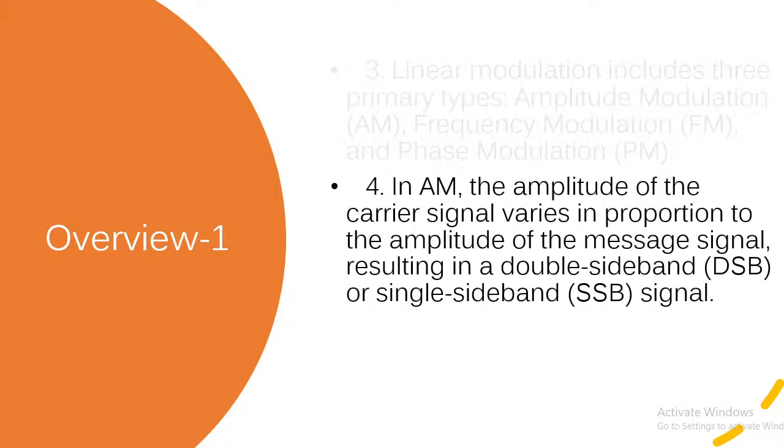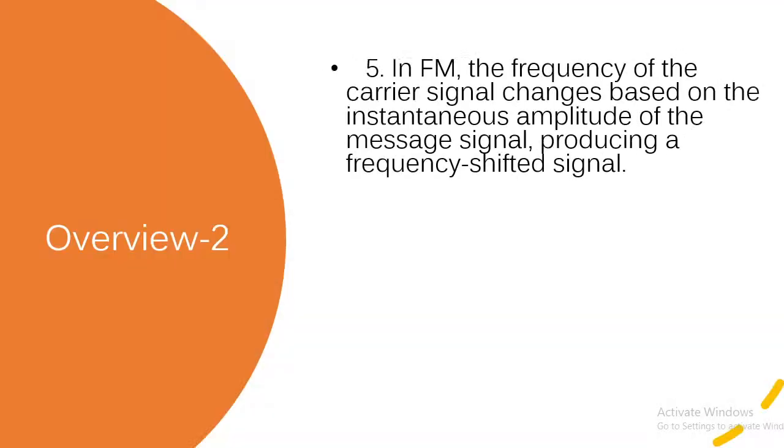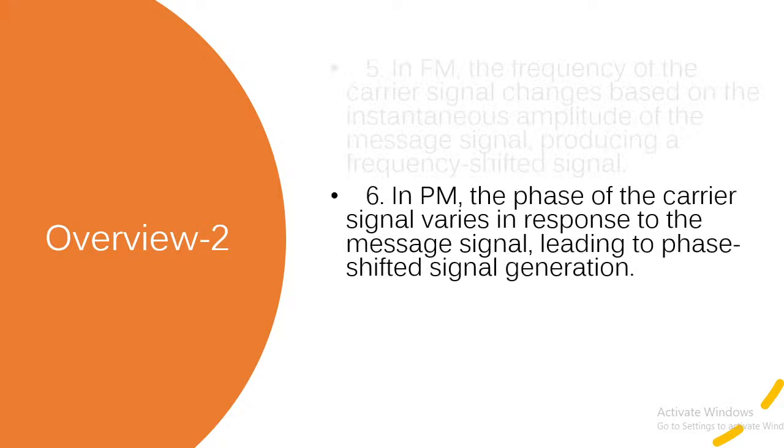In amplitude modulation, the amplitude of the carrier signal varies in proportion to the amplitude of the message signal. This results in a DSB double sideband or single sideband signal, or amplitude modulated signal. In frequency modulation, the frequency of the carrier signal changes based on the instantaneous amplitude of the message signal, producing a frequency shifted signal.